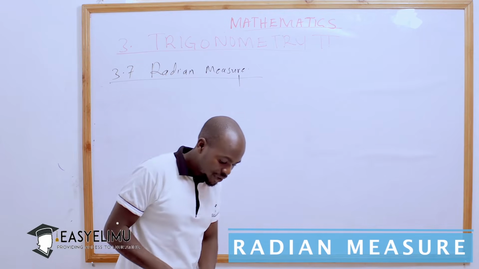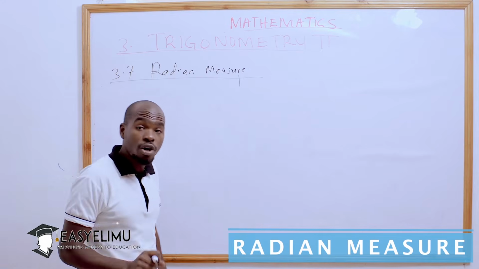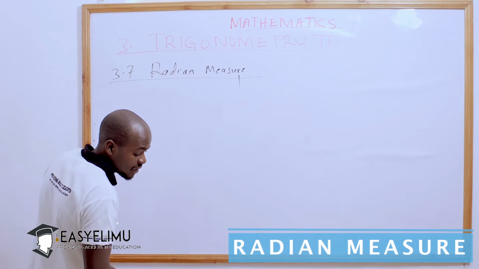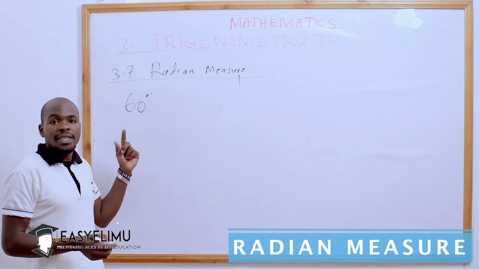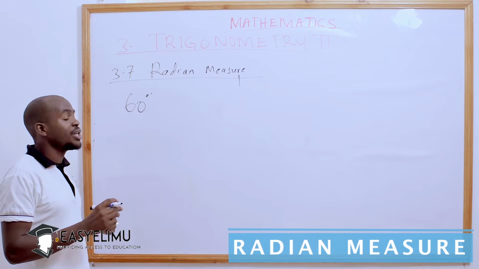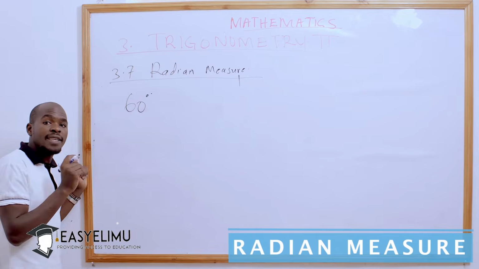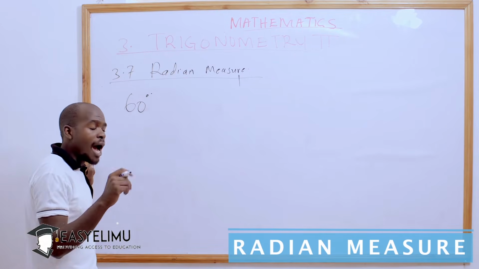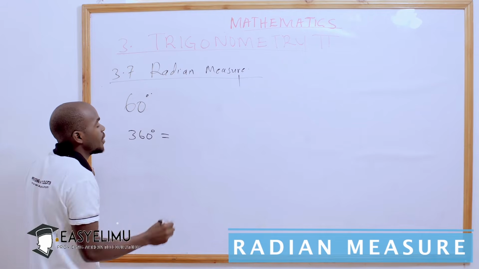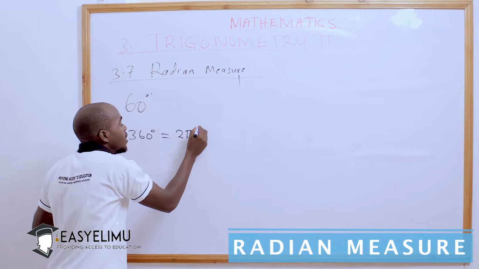Our next example is: convert into radians, leaving your answer in pi. We have been provided 60 degrees. If we have been asked to convert this 60 degrees, leaving our answer in pi, we shall say it this way. We all know that angles in a circle all add to 360 degrees, and we also found out that this 360 degrees is equivalent to 2 pi radian.